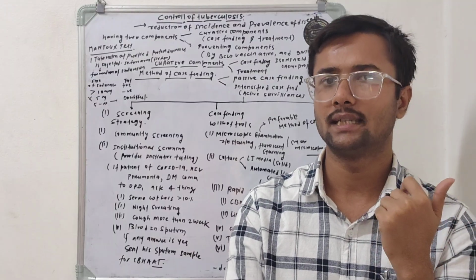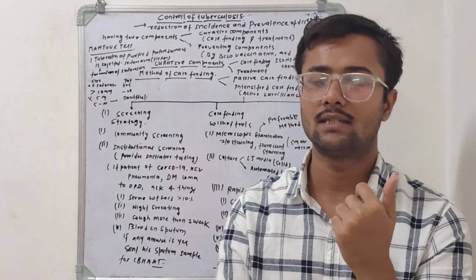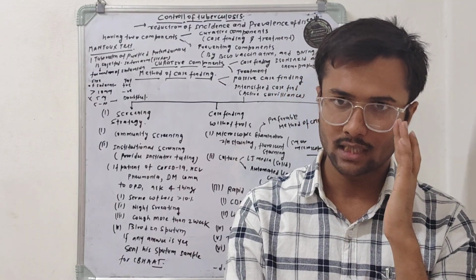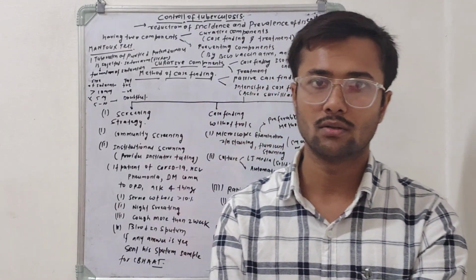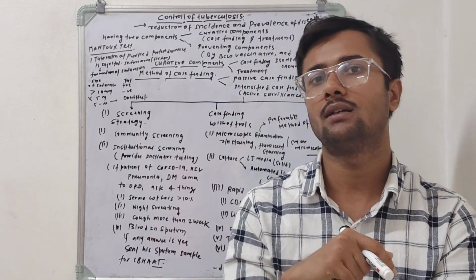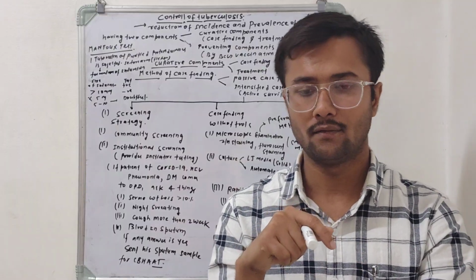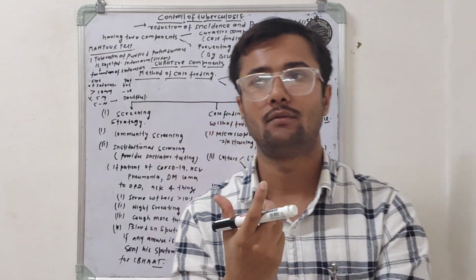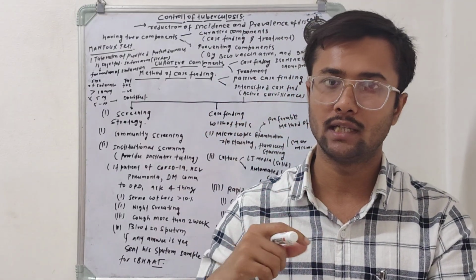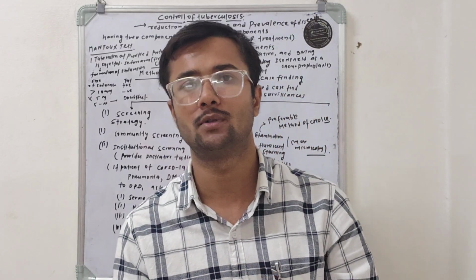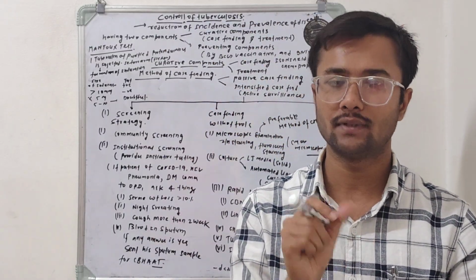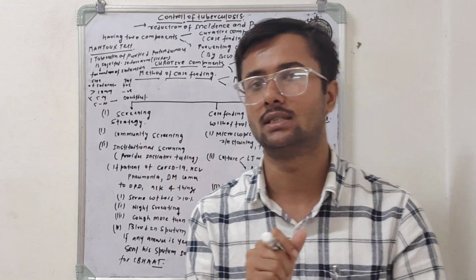One more important test is the tuberculin test. An example of the tuberculin test is the Mantoux test. So what happens in this tuberculin test? We inject the tuberculin and wait for 72 hours. After 72 hours, there is a formation of induration due to the inflammatory response, and with the help of a ruler we can measure the size of the induration.